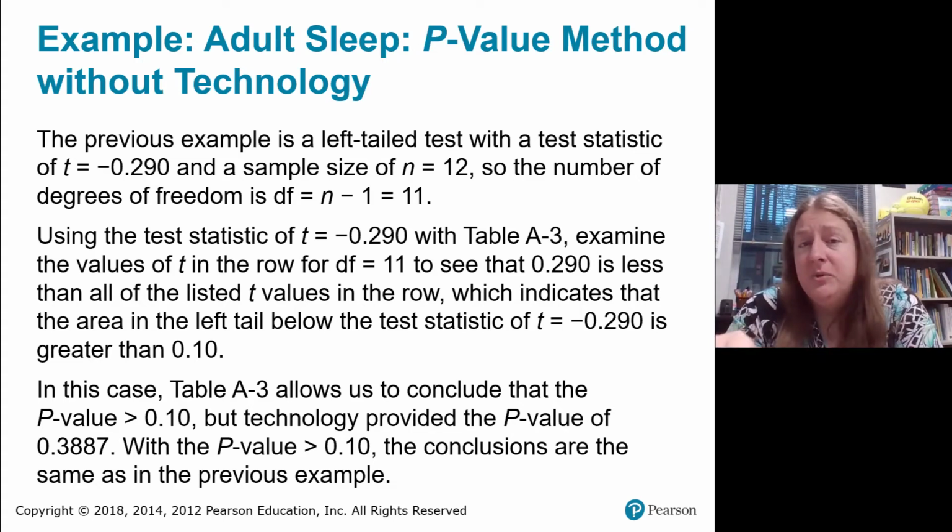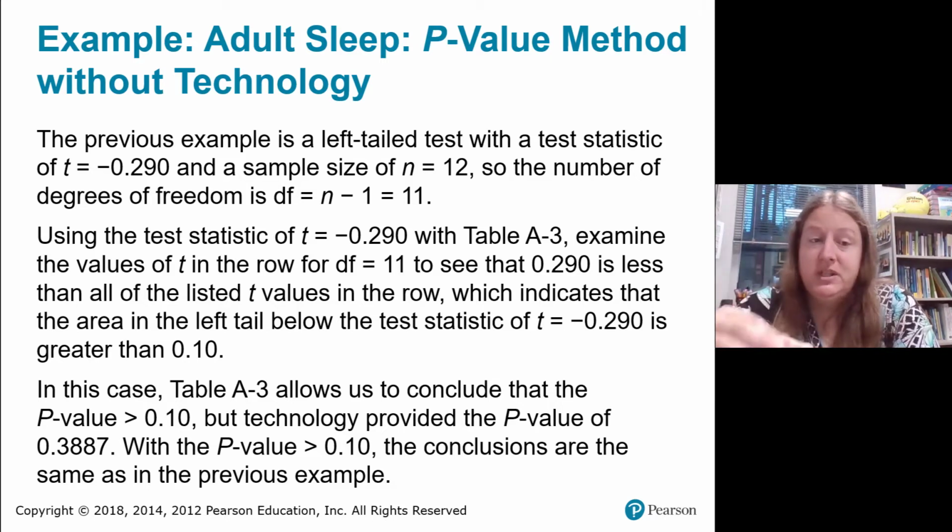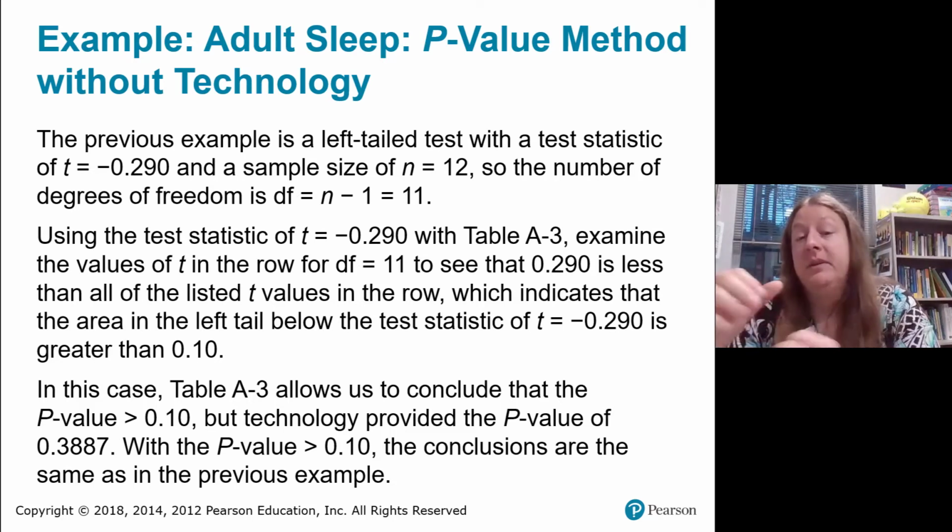Well, that value happens to be less than all of the listed t-values in the row. So that indicates to us that the probability is in fact greater than any of the probabilities on that page, which tells us that the probability is greater than 0.1.